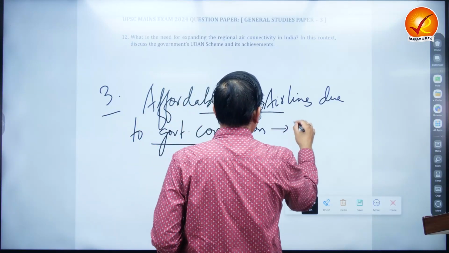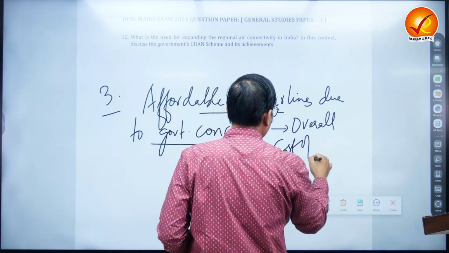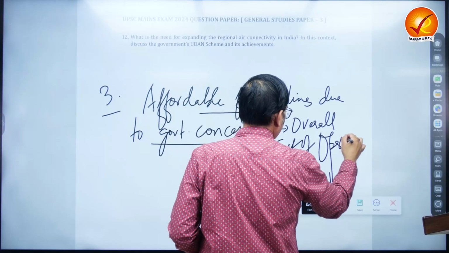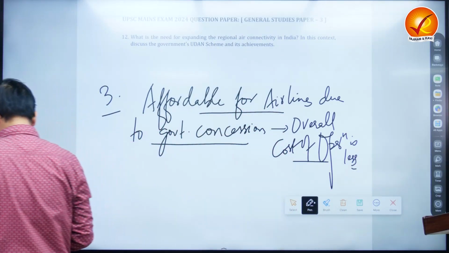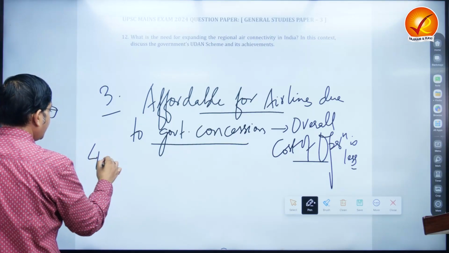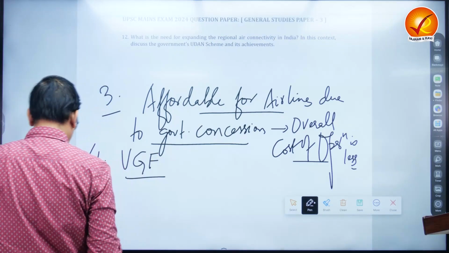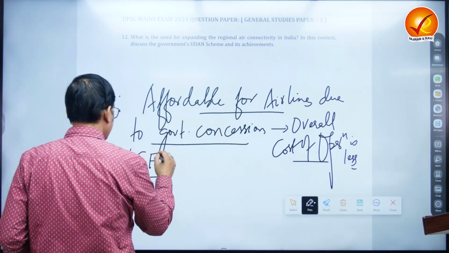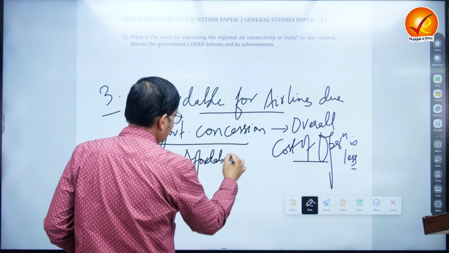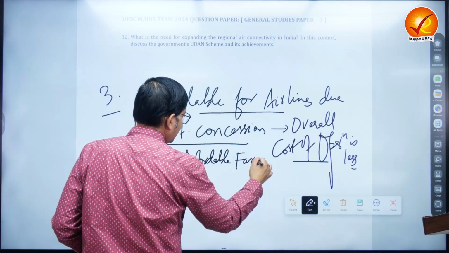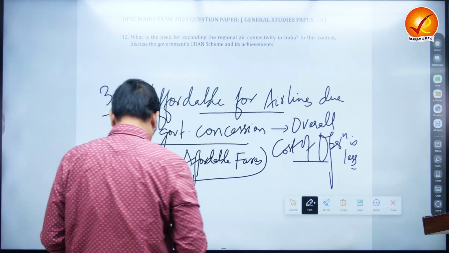So overall cost of operation is less because the government concession is there. You can talk about VGF, viability gap funding, being followed. Due to viability gap funding, the affordable fares are there. So basically the 3,500 rupees cap was kept on the fares of the Udan scheme.